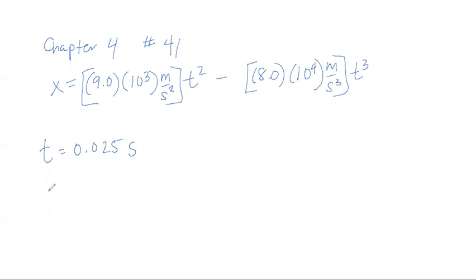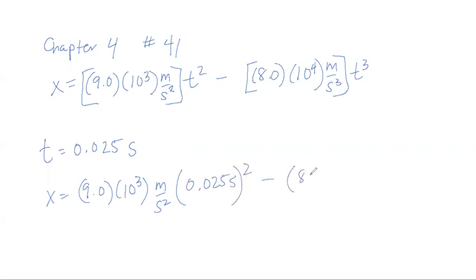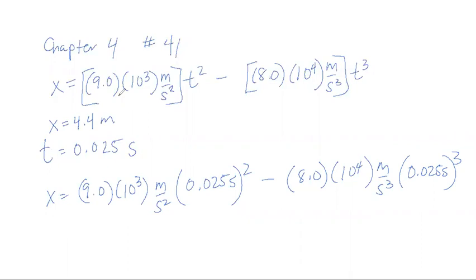So x equals 9.0 times 10 to the 3rd meters per second squared times 0.025 seconds quantity squared, minus 8.0 times 10 to the 4th meters per second cubed times 0.025 seconds quantity cubed. And that is going to be 4.4 meters. So x equals 4.4 meters.